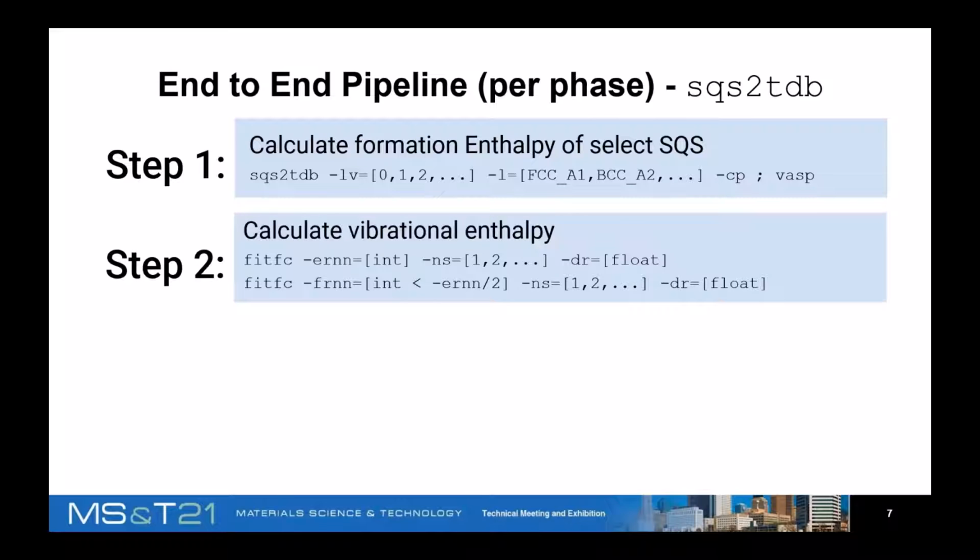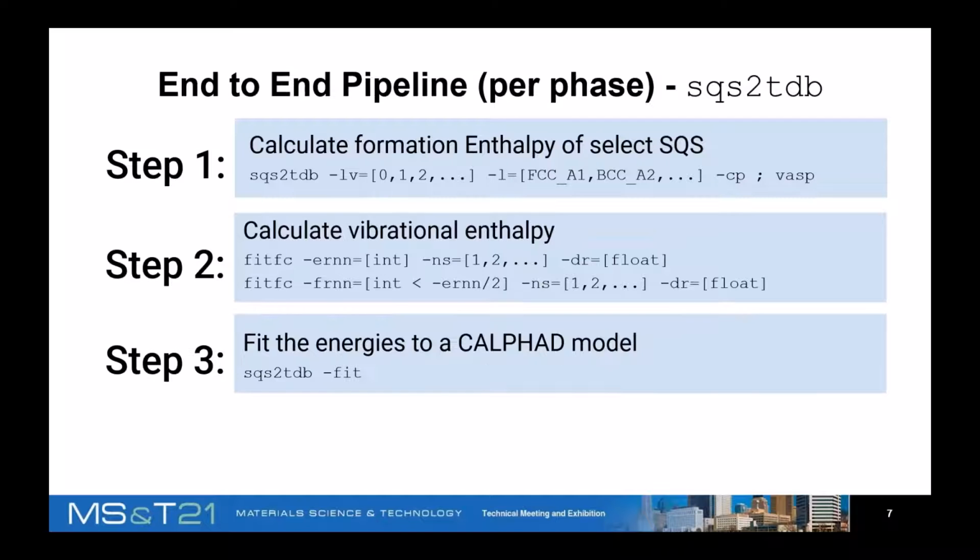Now, once the 0 Kelvin formation enthalpies are found, we calculate the vibrational enthalpy of our system by generating symmetrically distinct perturbed structures around the ground state for each of the data points, calculate the static formation enthalpy of each of these perturbations, and then we fit it to a harmonic or an anharmonic spring model to obtain the vibrational enthalpy of the particular phase composition.